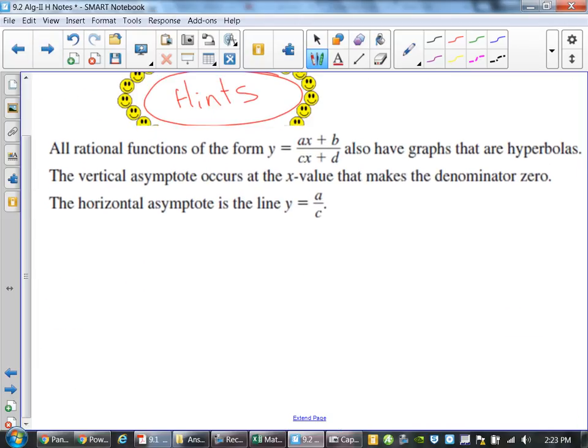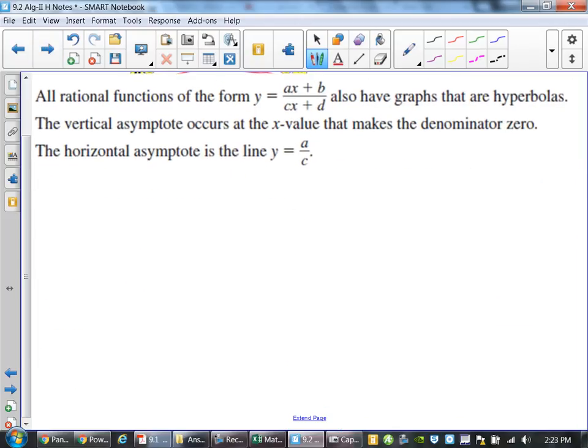Let's look at the other version of it. The other form that we're going to look at today is very similar except that it has 2 variables, or 2 values of x, I should say. We have ax plus b and cx plus d.